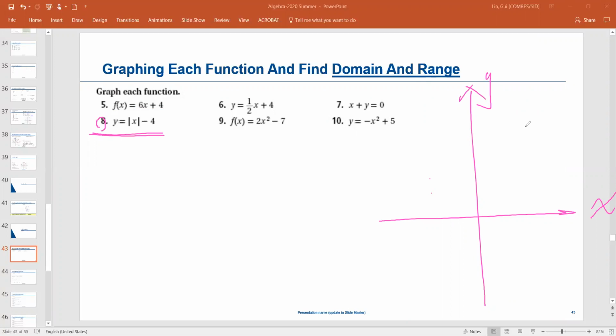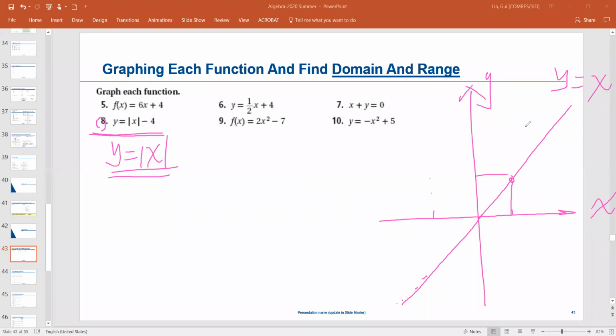Graphing this one, firstly, we graph y equals absolute x first, all right? Graphing y equals x is like this, right? So it's 1, 1, 1, 1.